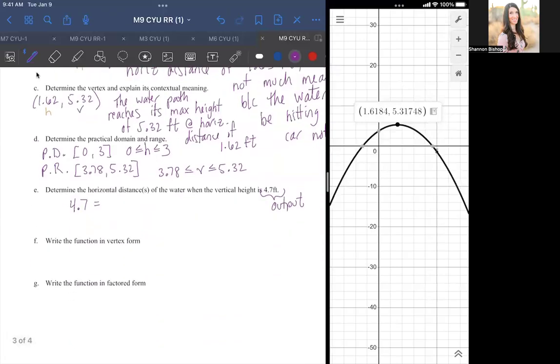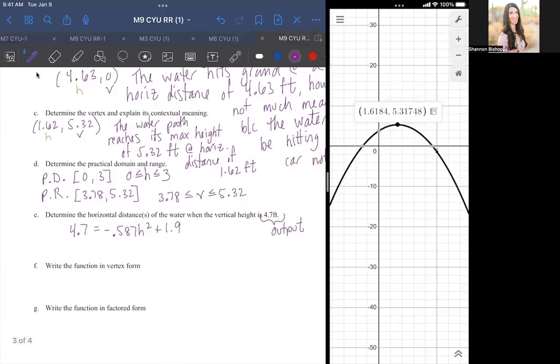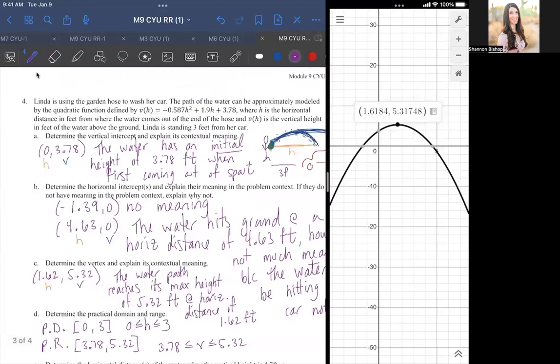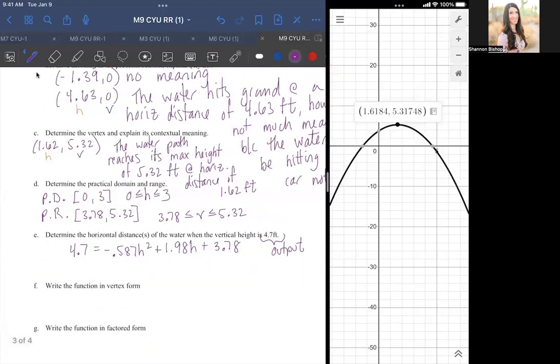Negative 0.587 h squared plus 1.9h plus 3.78. Okay, so that's the equation that we're trying to solve.